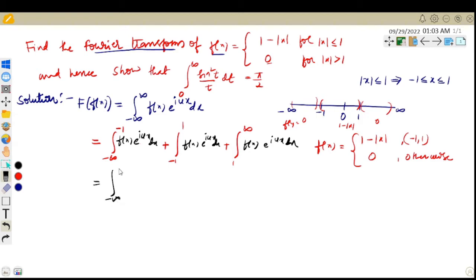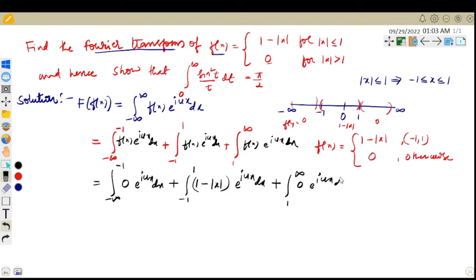So use the values: from minus infinity to minus 1, the value of f of x is 0 into e raised to iux dx, plus the integral from minus 1 to 1, where f of x is 1 minus modulus of x into e raised to iux dx, plus the integral from 1 to infinity, where the value of f of x is again 0 into e raised to iux dx. So the first and last values are 0, since integration of 0 is 0.